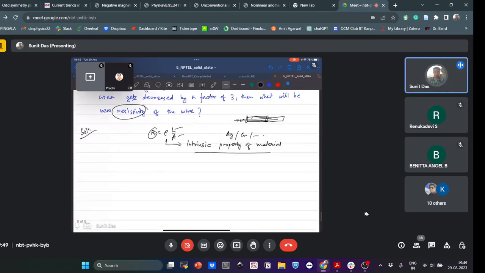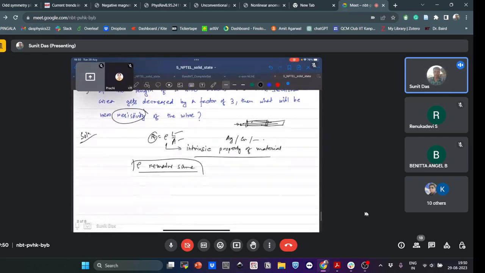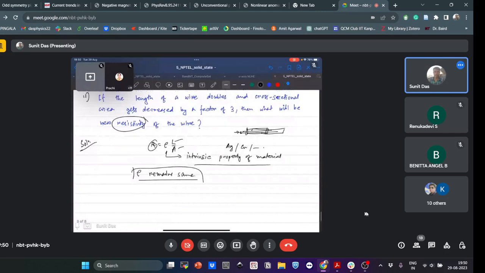So resistivity remains the same, as long as you are not changing the material itself. So it doesn't change actually.